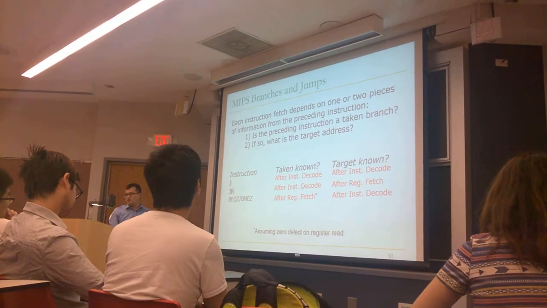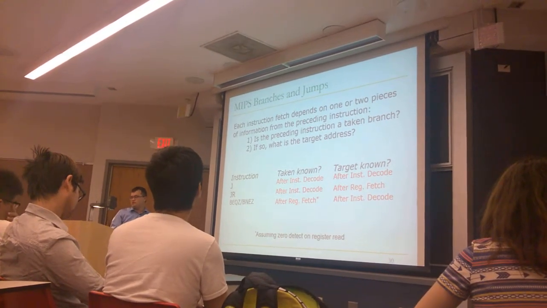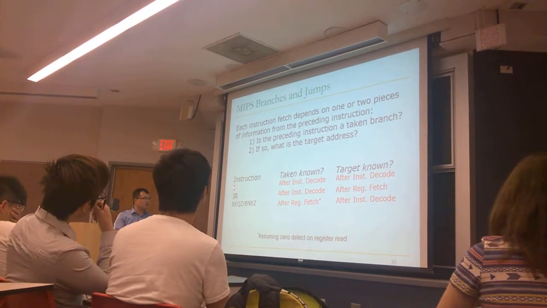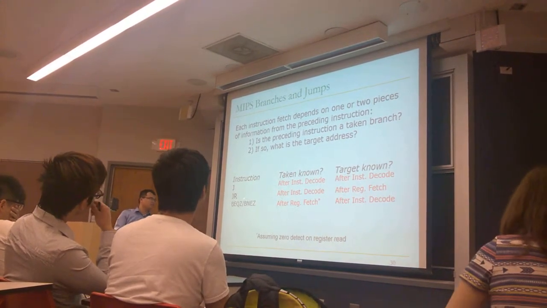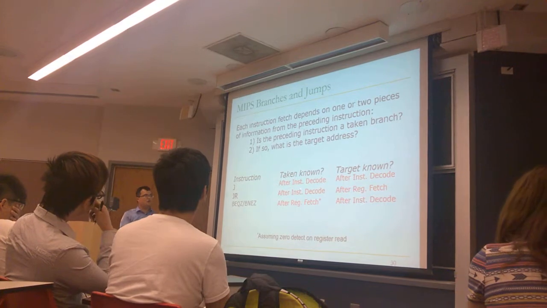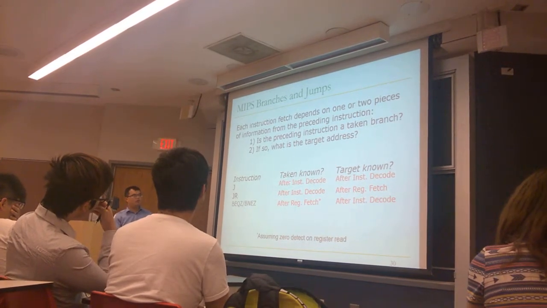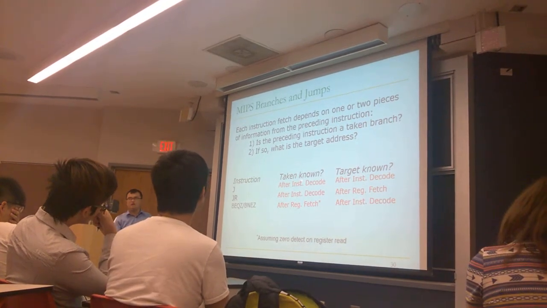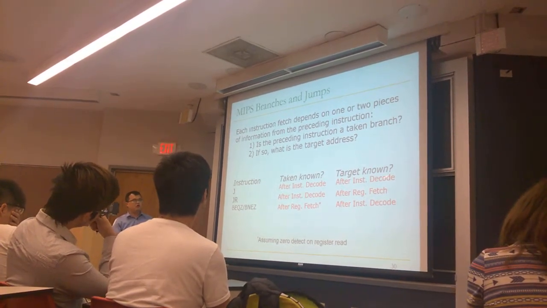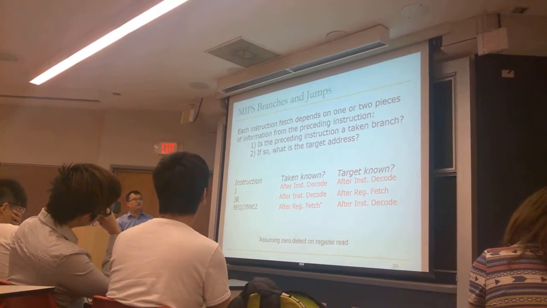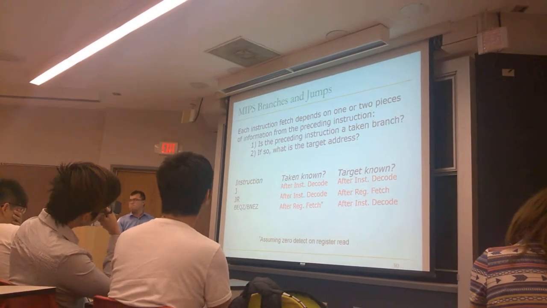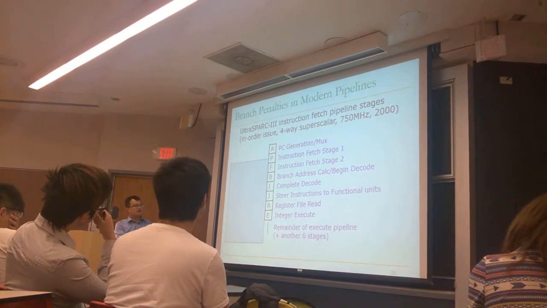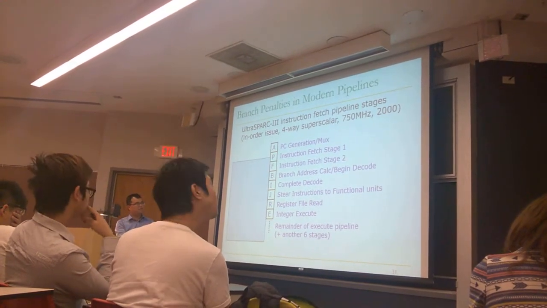And here is about the mixed branches and jumps. Regarding the jump, the JR, and the branch conditions, we need to know when we know the direction of the branch, and also when we will get to know the target. So here is another exercise.